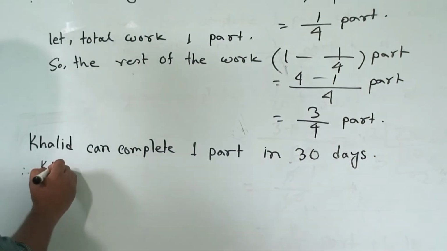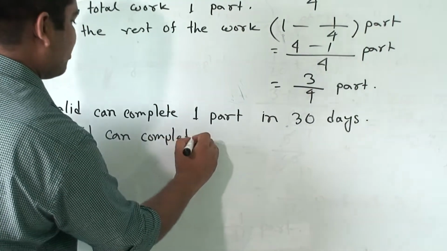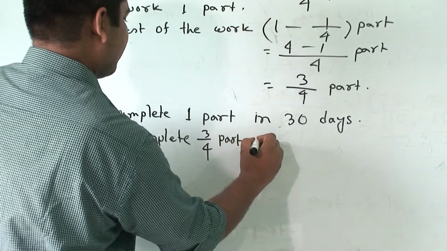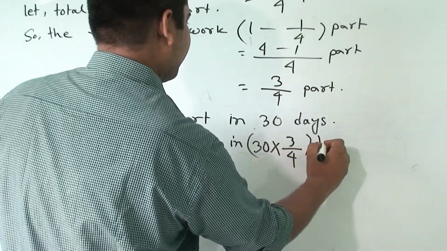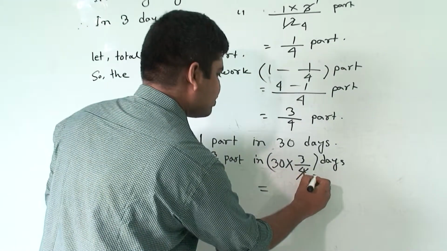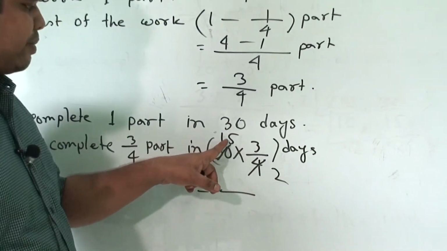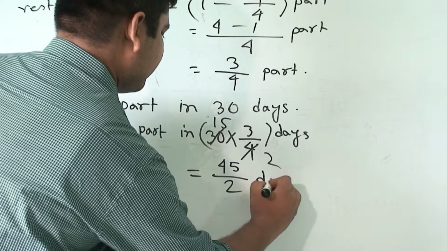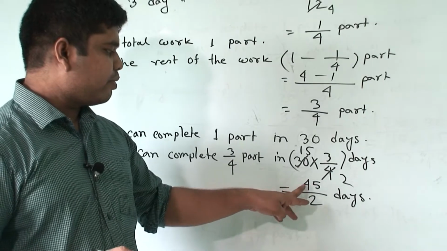So Khalid can complete 3/4 part in 30 multiplied with 3/4 days. Now notice we cut this 2 2s are 4 and 2 15s are 30, and here 15 and 3 left. We multiply these two numbers and it will be 45 divided by 2 days. Okay, Khalid can complete 3/4 part in 45/2 days.